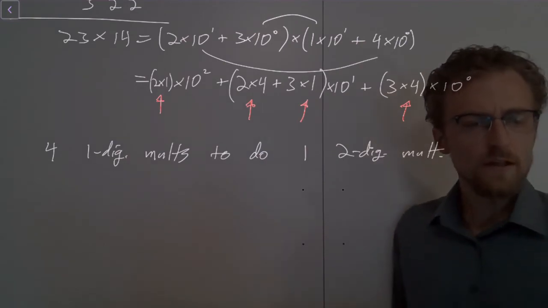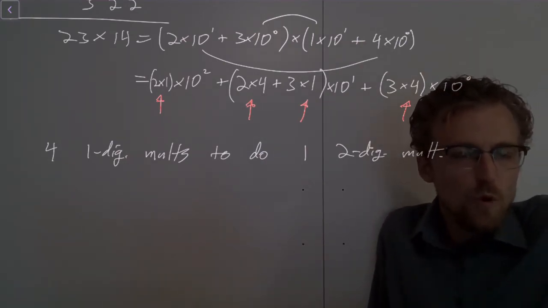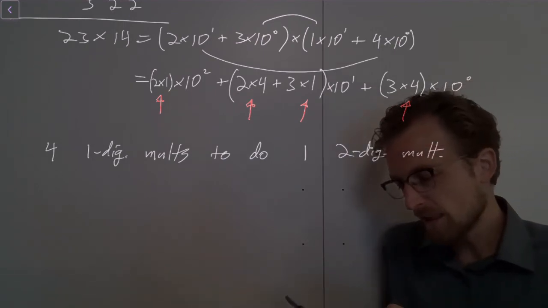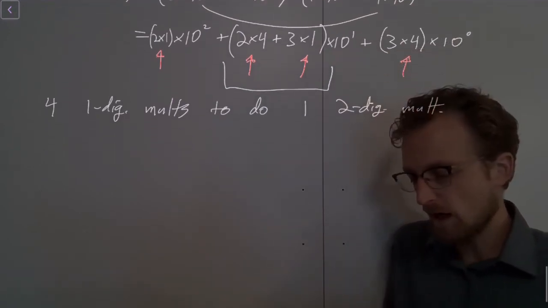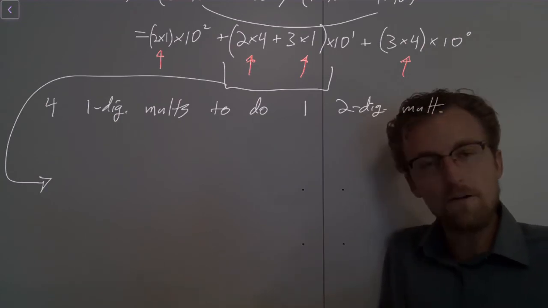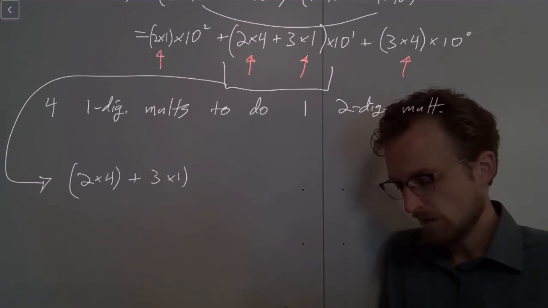Okay, so now let's kind of dig into this just a little bit. Let's look a little bit more closely at what's going on. Let's think about if there's a way we could optimize this. So if I write this stuff here, so 2 times 4 plus 3 times 1.